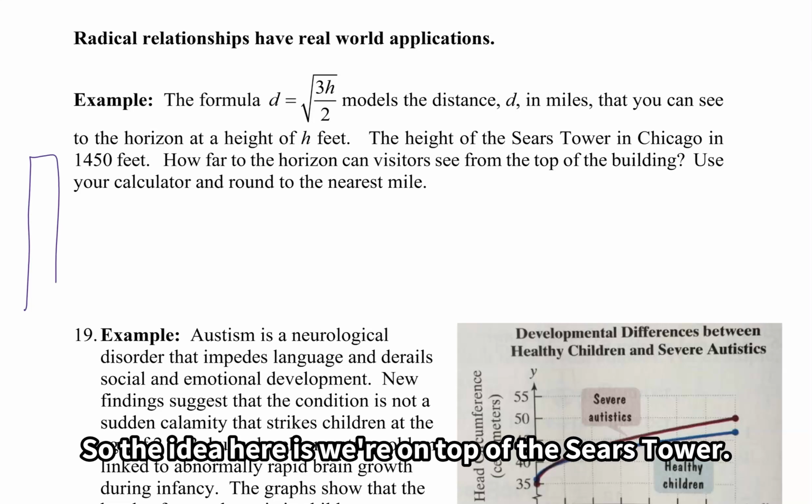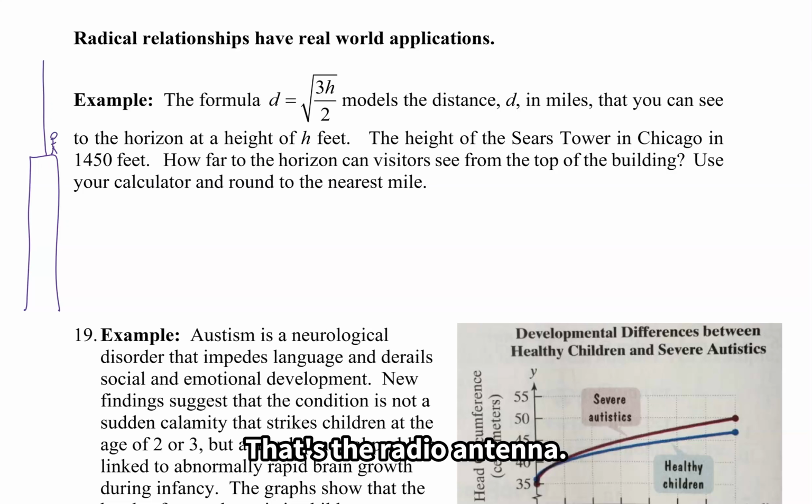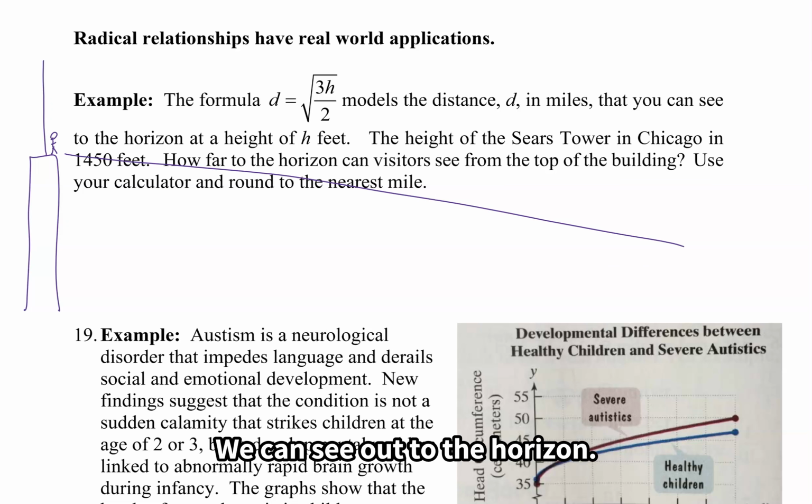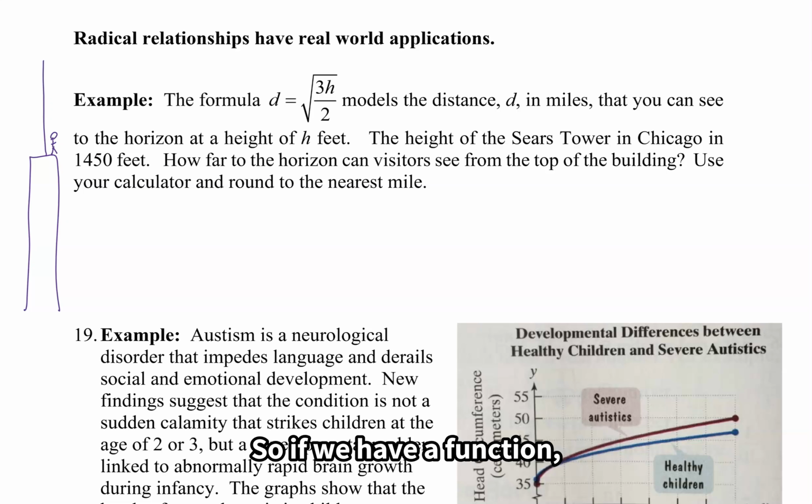So the idea here is we're on top of the Sears Tower. It's their radio antenna. And we can see out to the horizon. So if we have a function, we know from the problem that the height of Sears Tower in Chicago is 1,450 feet.